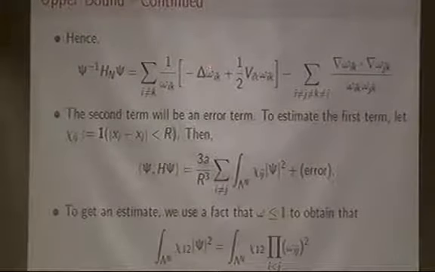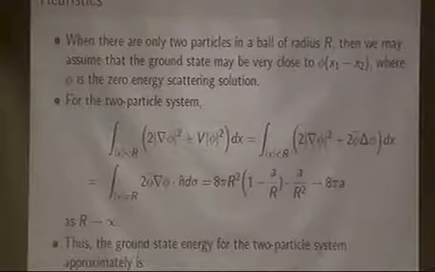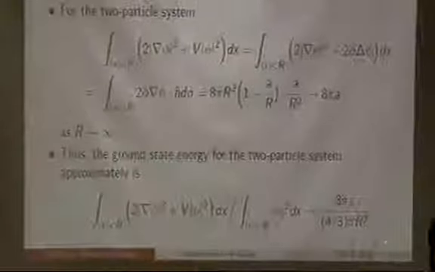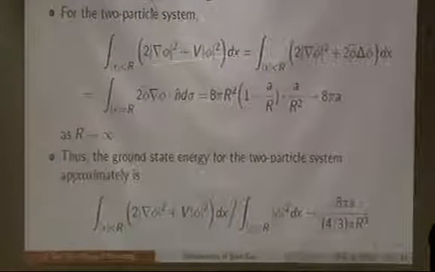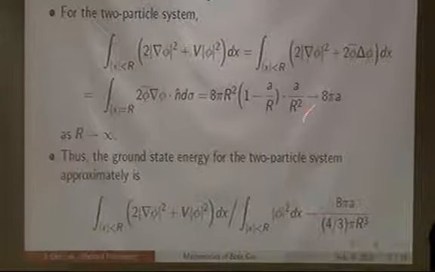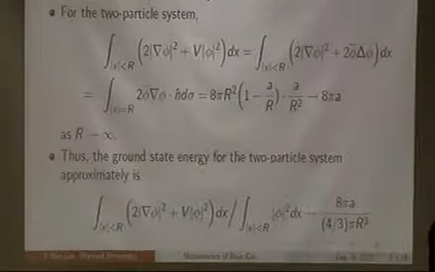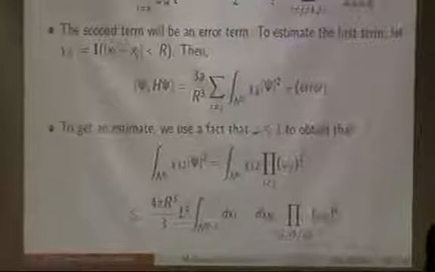So this term will become almost like 8 pi a over volume, or in this case it should be 4 pi a, because we had this 2 times the ground state integration, but we don't have this 2 in the upper bound calculation. Without this 2, it becomes 4 pi a over 4/3 pi r cubed, which becomes 3a over r cubed.